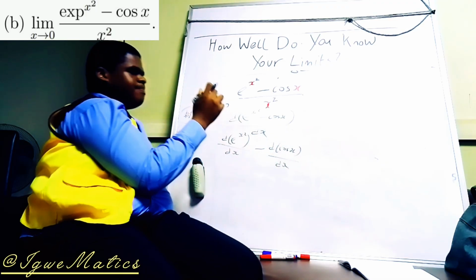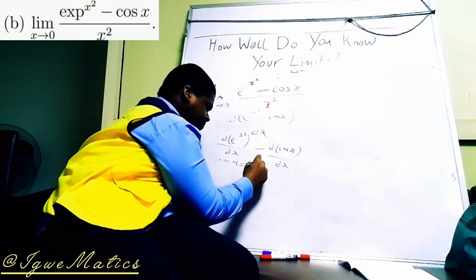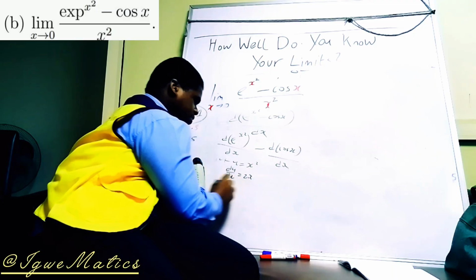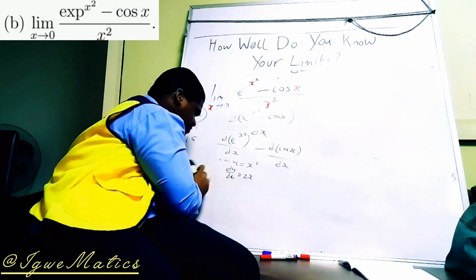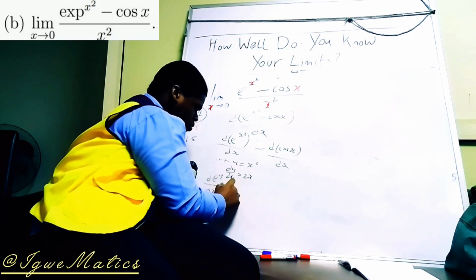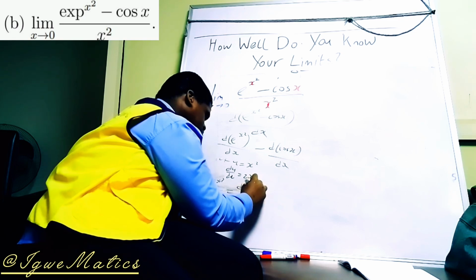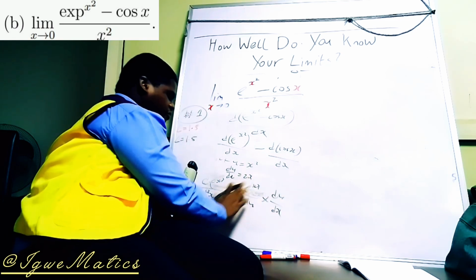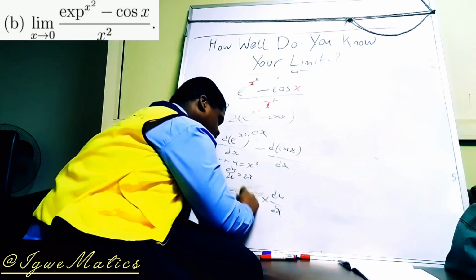This here now is a chain rule. So if we let u equal x squared, then du/dx will equal 2x. Good. If you put in u equals x squared here, then we are left with the derivative of e to the power of u with respect to x, which equals du/dx times the derivative of e to the power of u with respect to u. The derivative of e to the power of u with respect to u is also e to the power of u.